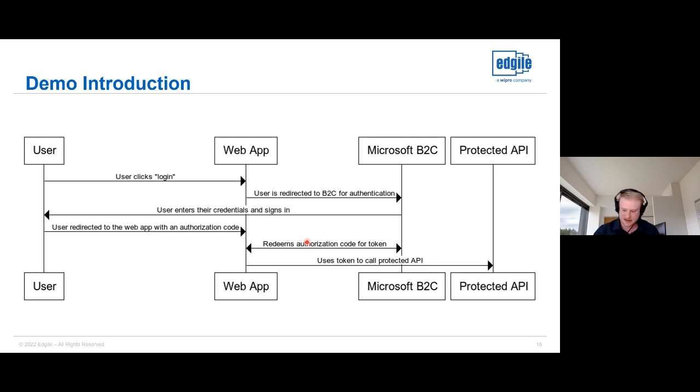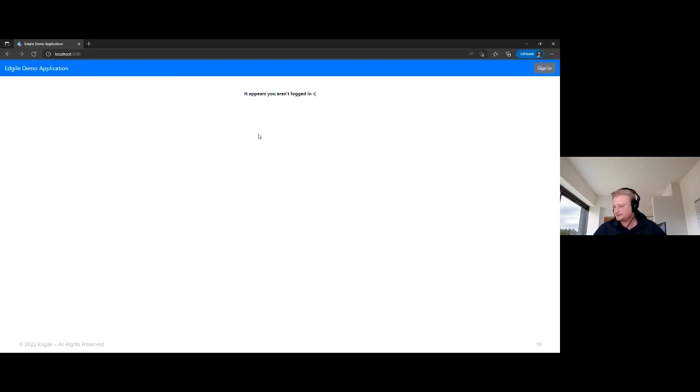An ID token is additional information about the user, which can help you see things like the person's name, their email address, and other things which might be useful for your web application. For example, if you need to hook into some sort of legacy platform, you can send information in the ID token which would help that application do that. Okay, so that's enough on the slide. Let's actually jump into the demo.